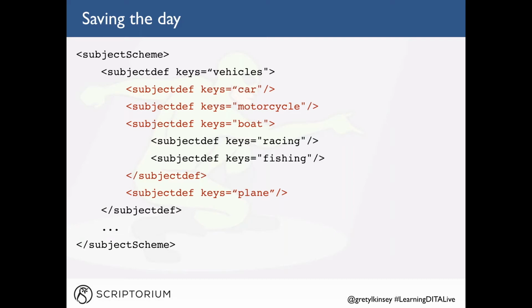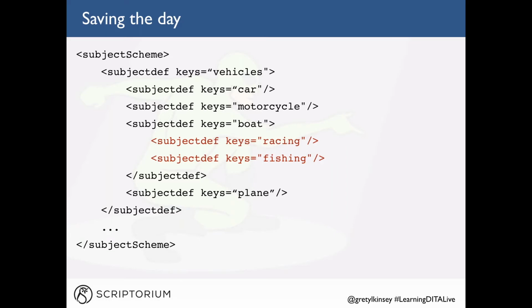So we have a key defined for car, motorcycle, boat, and plane. And similarly, our value for boat serves as a category for 2 specific types of boats, racing boats and fishing boats. So we have a subject def element for each of those, also defining a key, racing, and fishing.